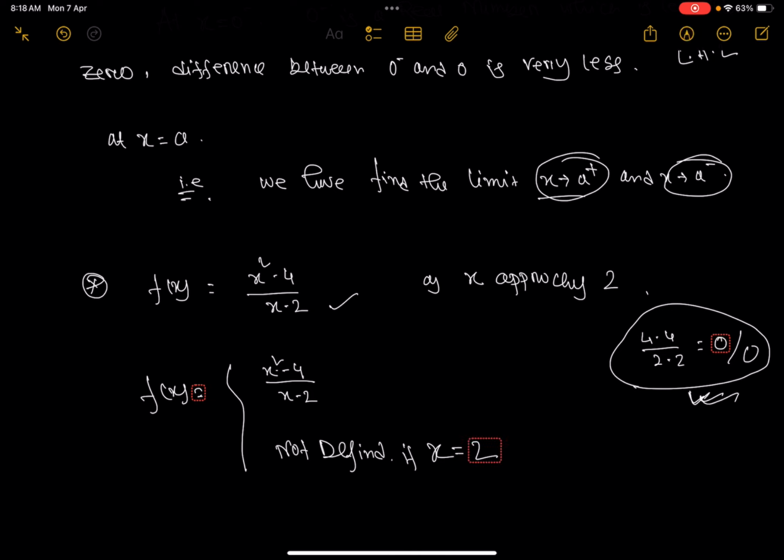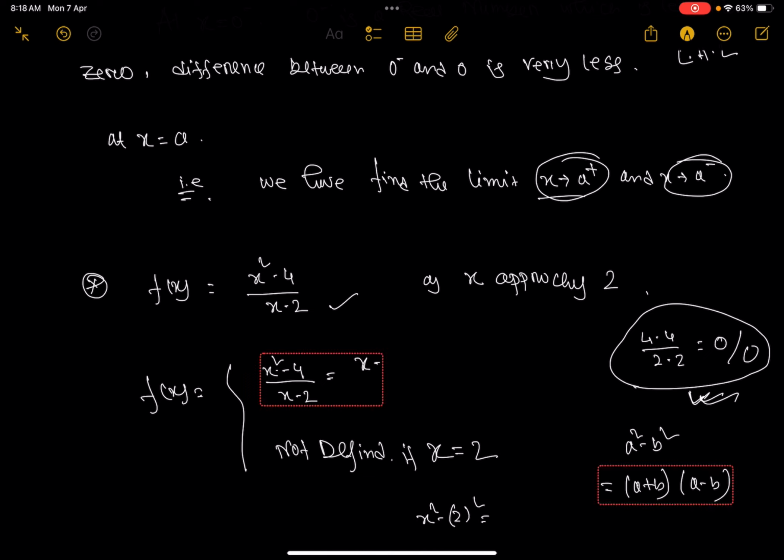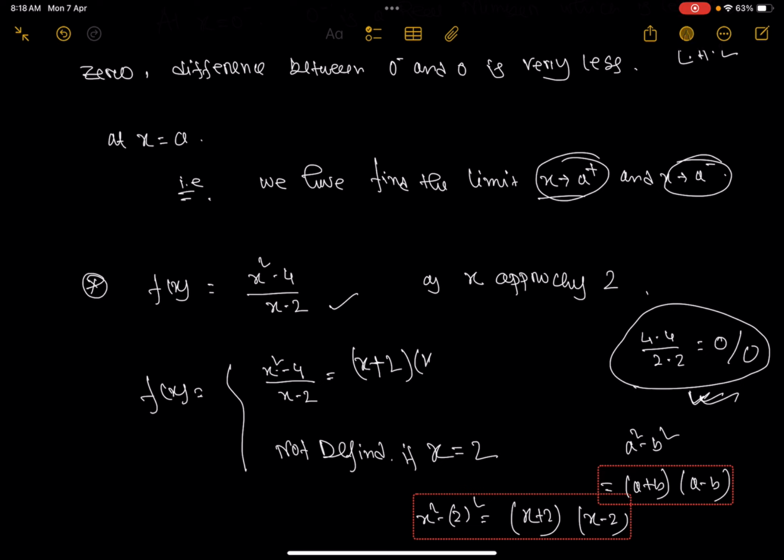If x not equal to 2, then you can reduce it in a square minus b square form, which goes to a plus b into a minus b. For this case, x square minus 2 square is x plus 2 into x minus 2. So this goes to x plus 2 into x minus 2 divided by x minus 2. So this is x plus 2.